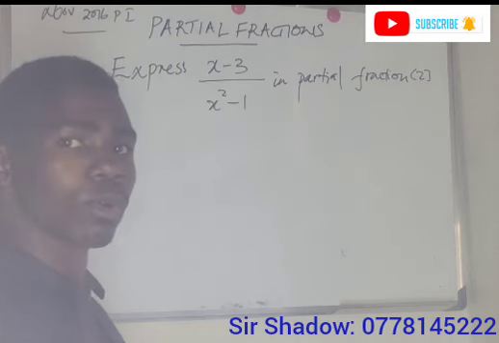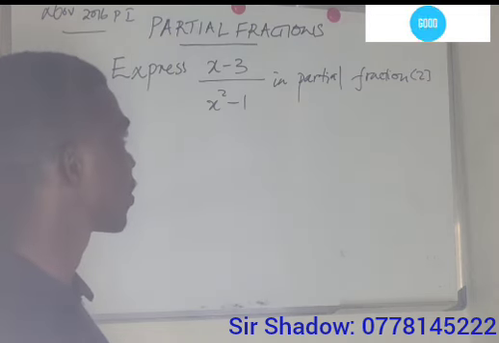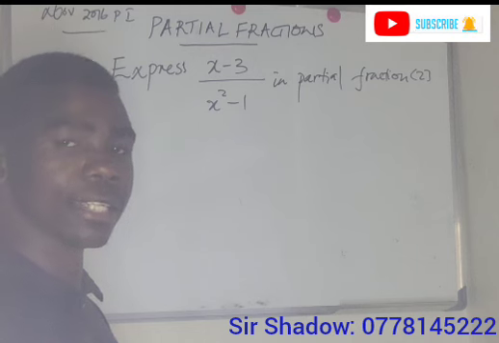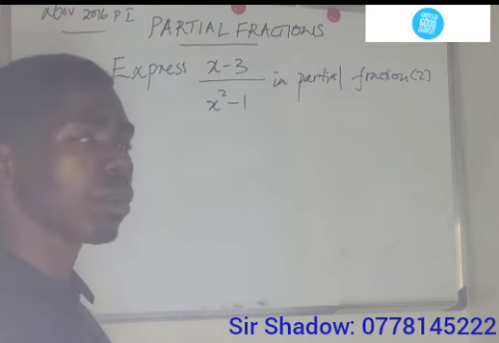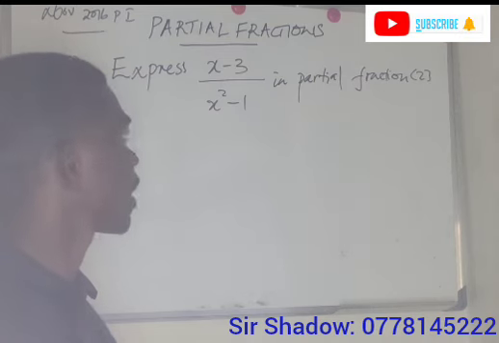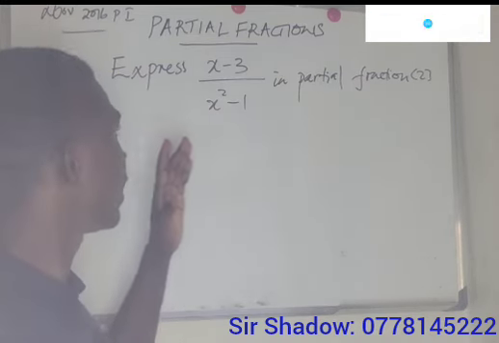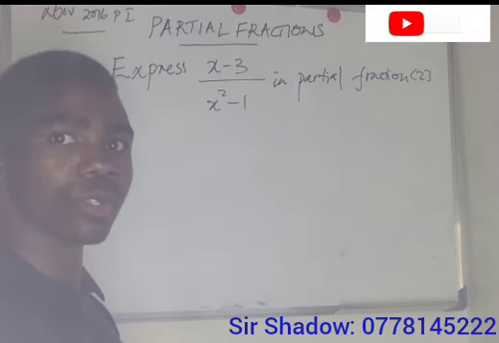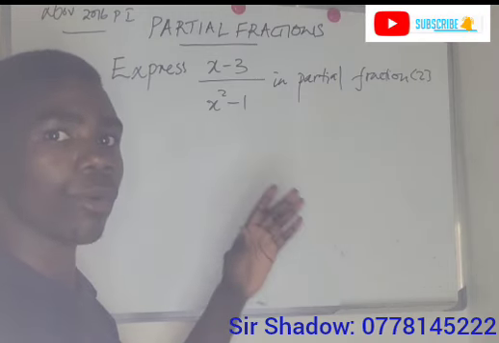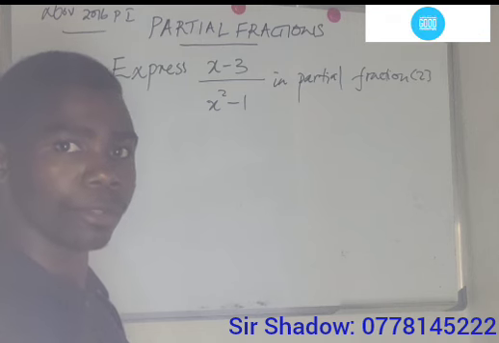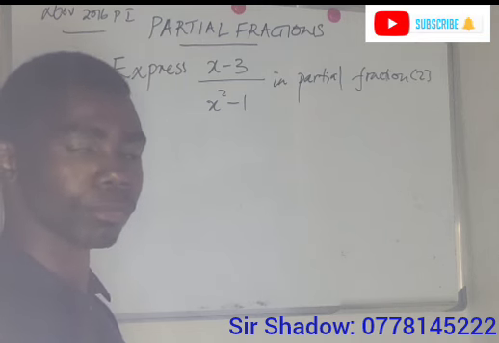So how do you know this one is partializing using a linear factor, and how do you know this is partializing using a quadratic factor? And also how do you know how to partialize using a linear repeated factor, and how to partialize using the method of improper fractions.